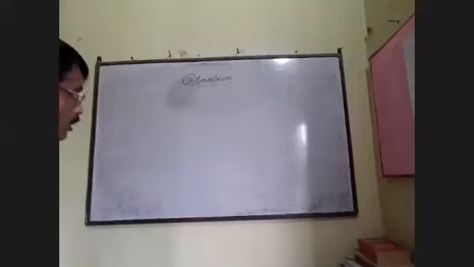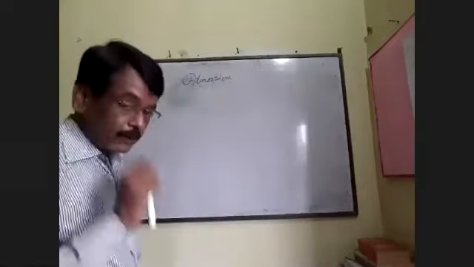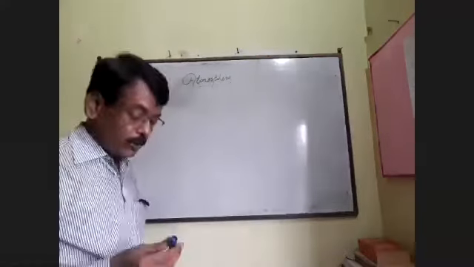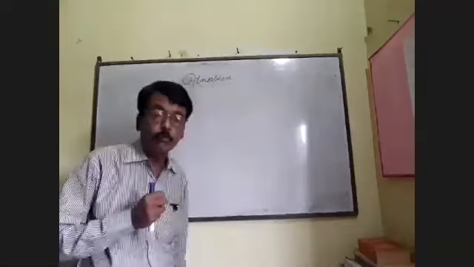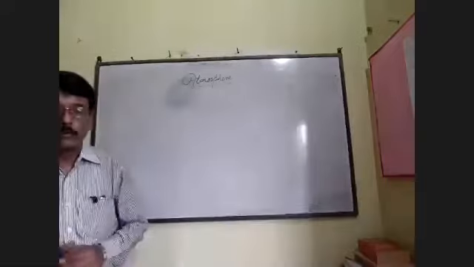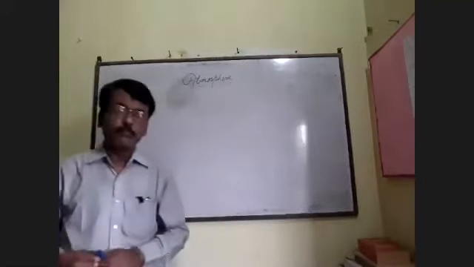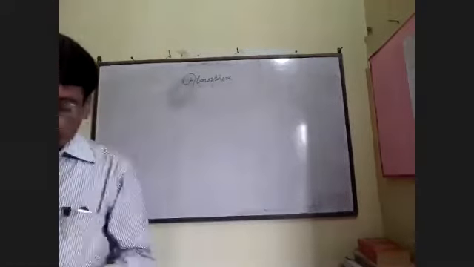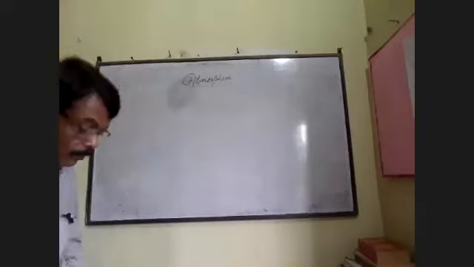And the last one, fifth point, you may write that the ozone layer, which I have repeated several times, is a very important layer which absorbs the harmful rays of the sun, that is ultraviolet rays. So in this way you can write the different uses of the atmosphere.